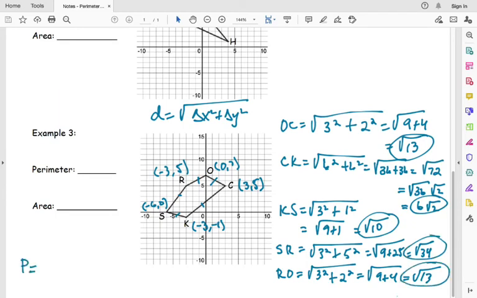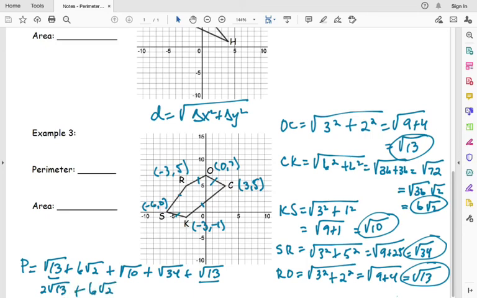So our perimeter will be the square root of 13 plus 6 square root of 2 plus square root of 10 plus square root of 34 plus the square root of 13 again. These are like terms, so you can combine those to be 2 square root of 13, and the rest just have to be rewritten out because they don't have the same numbers under the radical and can't be simplified any further.